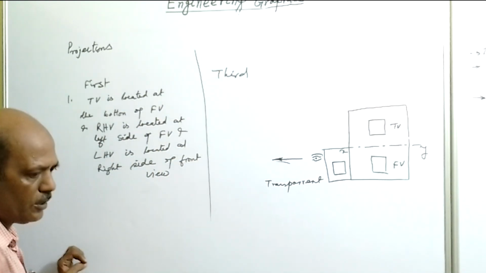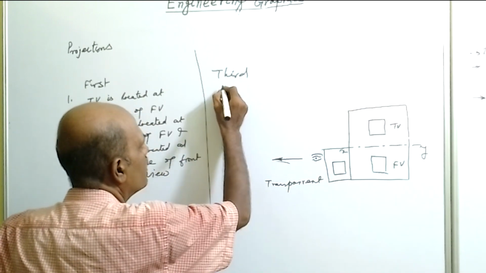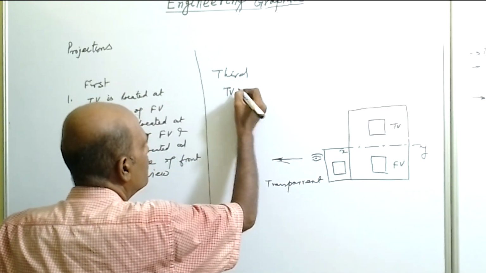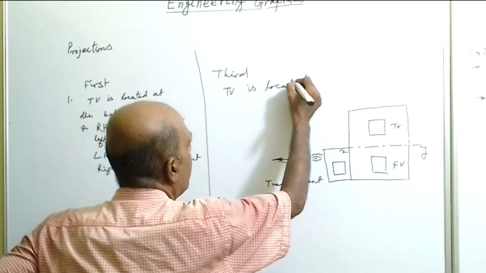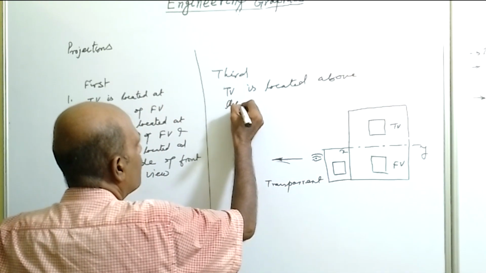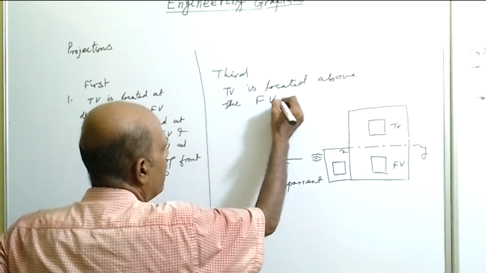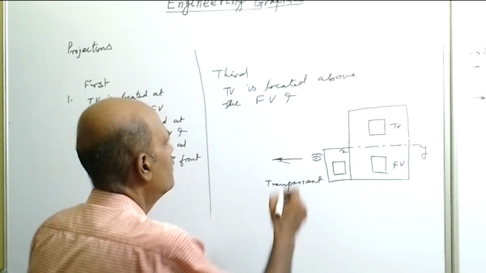And in third angle projection, the top view is located above the front view, and this is the left hand side view.